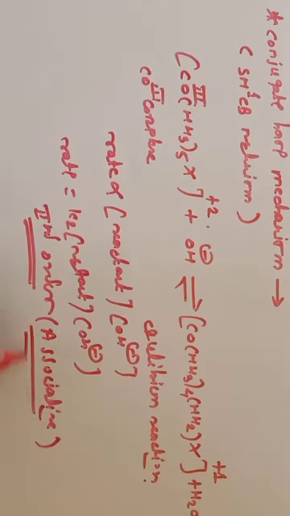So if you consider the kinetics of this reaction, the rate is directly proportional to the concentration of reactant as well as the concentration of hydroxyl ion, and the overall reaction is second order, and it will follow an associative pathway for the ligand substitution.